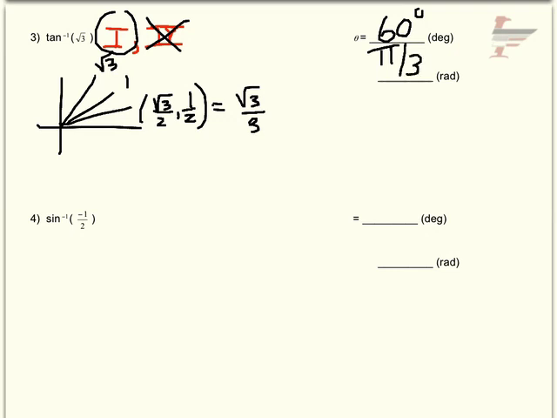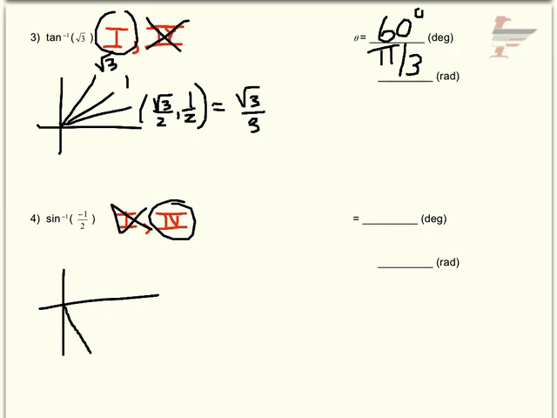Number 4, inverse sine of -1/2. Again, inverse sine can only occur in quadrants 1 or 4, but this particular one is negative, so sine is negative in the fourth quadrant. Down in the fourth quadrant, sine is y, so you want to figure out where the y coordinate equals -1/2.